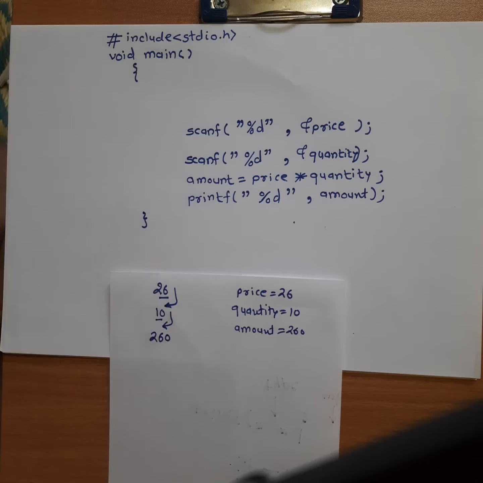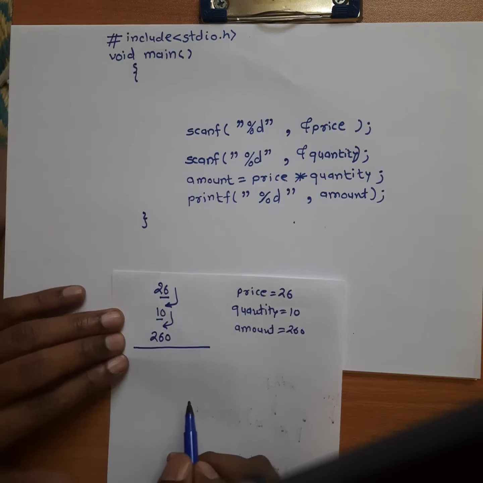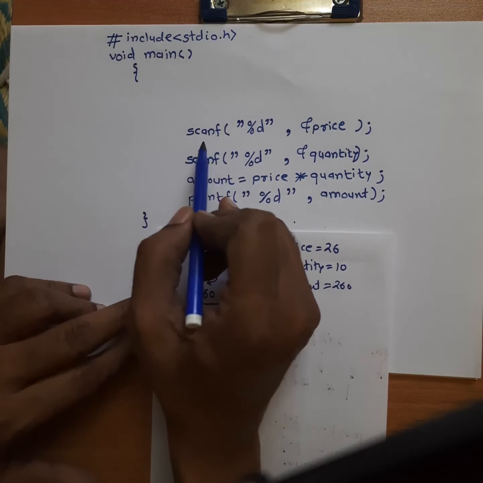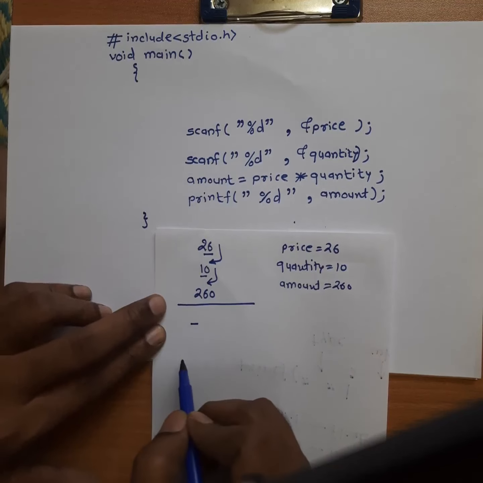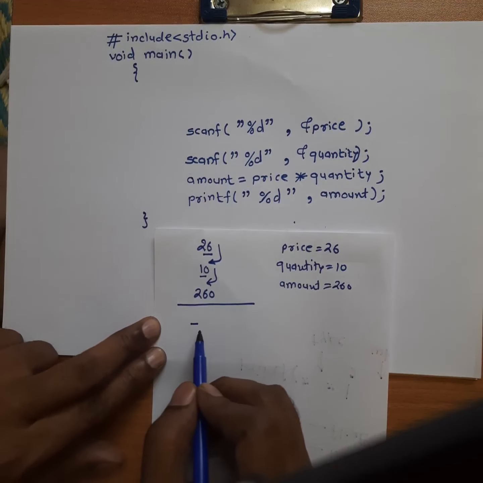Now, if I execute this program a second time, it will start with void main, curly bracket, scanf. Again it gives you a blinking cursor. Again you have to input a number.